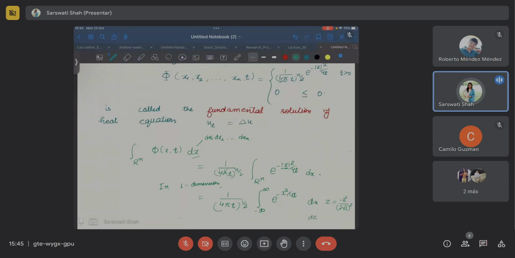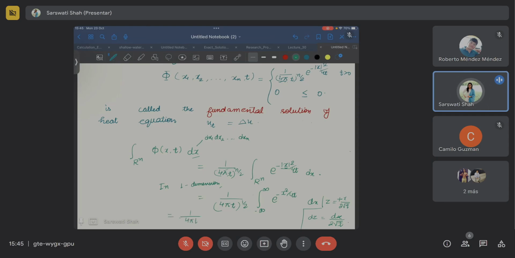So dz will be minus x over 2 square root t, don't take the minus sign, just take this. So dz is going to be dx over 2 square root of t.